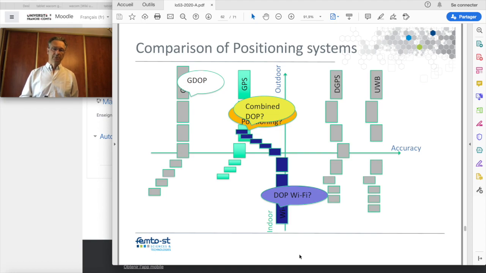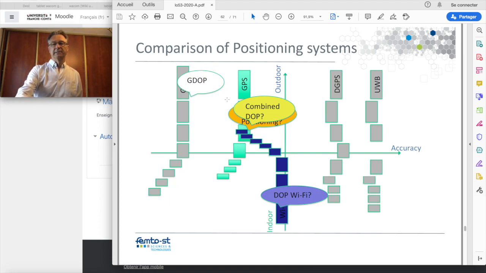So for GSM, you don't have permission to deploy GSM base stations inside the building. So it is working well outside the building, but it's not working well inside the building. This is why you can see that there is here a decrease of accuracy for the GSM.